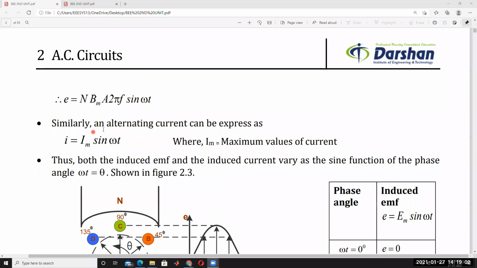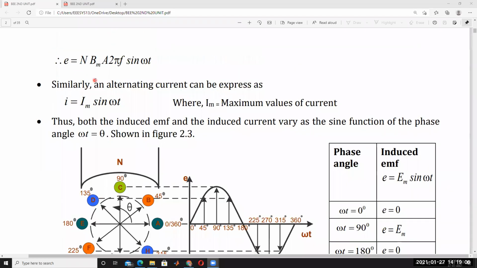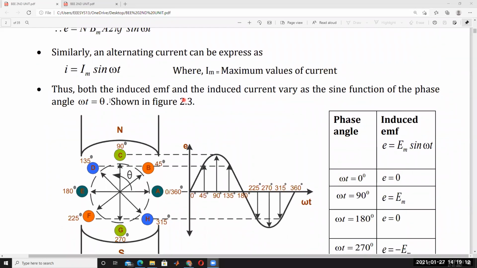Similarly, an alternating current can be expressed as I is equal to Im sin omega t, where Im is the maximum value of current. Thus, both induced EMF and induced current vary as a sine function of the phase angle omega t, equal to theta, as shown in figure 2.3.